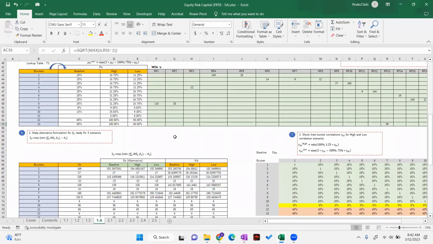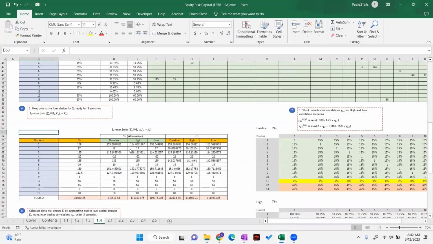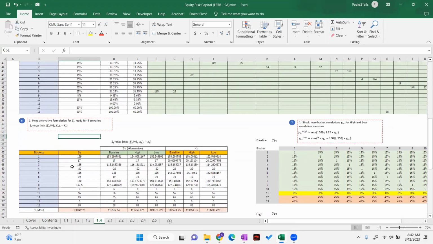Now it comes down to aggregating across bucket capital charge. Here, this is something we skipped last time. In the toy example, it was not very apparent. We have SB, the sum of weighted net sensitivities.